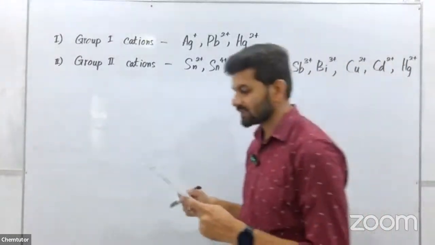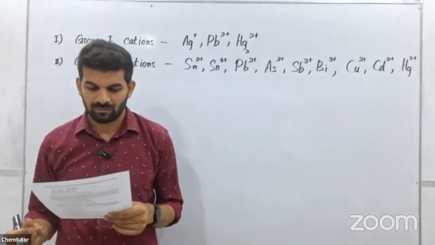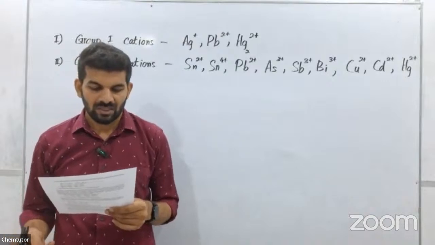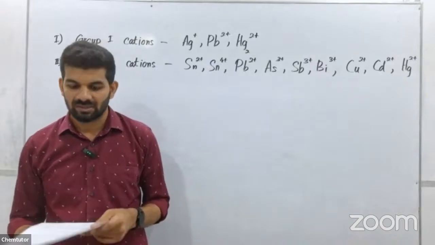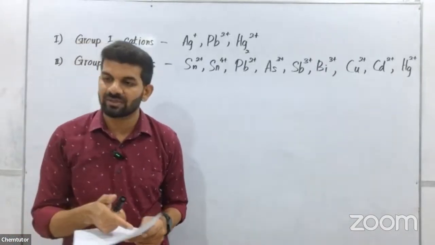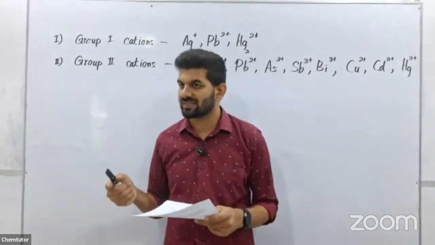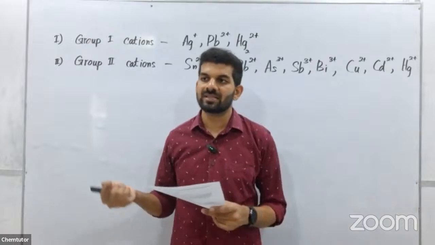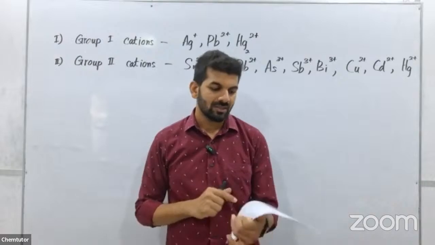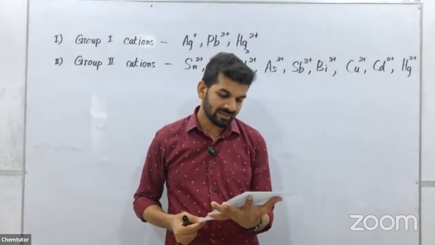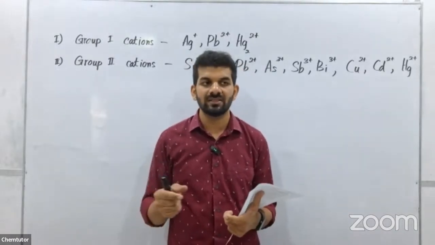Then the group 3 cations are aluminium, chromium, and ferric, Fe3+. Now here I have mentioned Fe2+ as well. Fe2+ will be precipitated as a green precipitate, but during the reaction process we are treating with nitric acid, and we oxidize all the Fe2+ ions present in the solution into Fe3+.